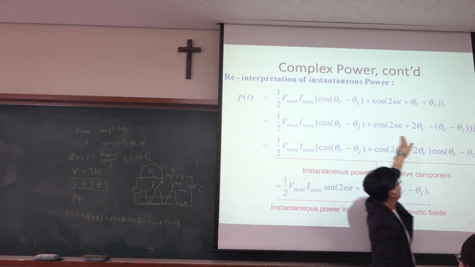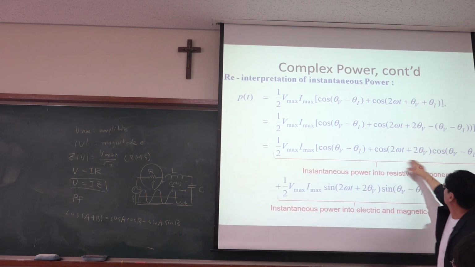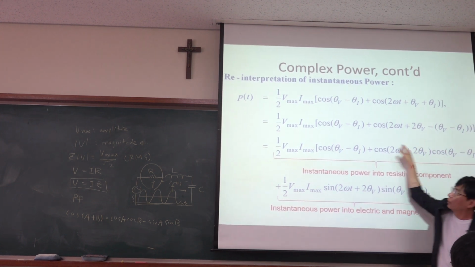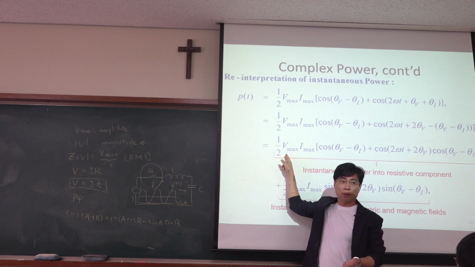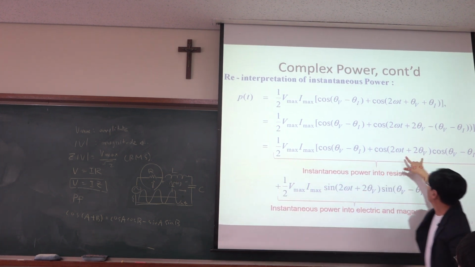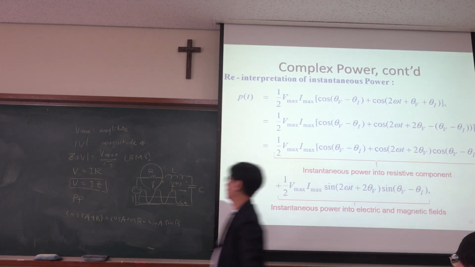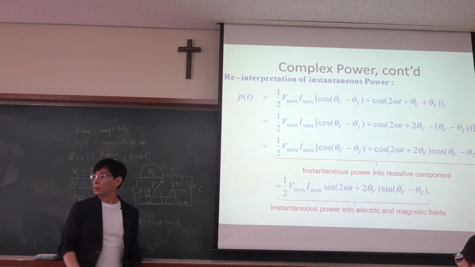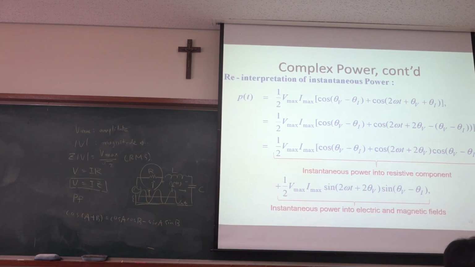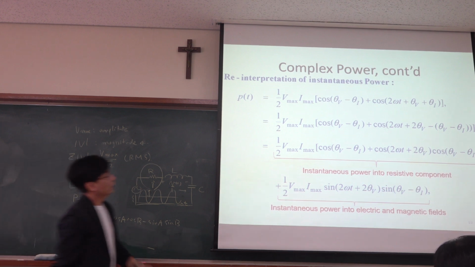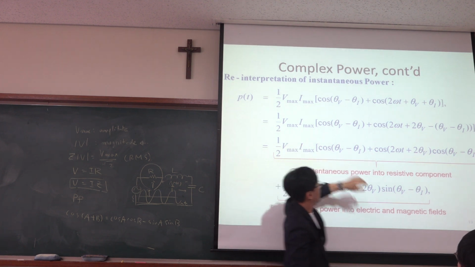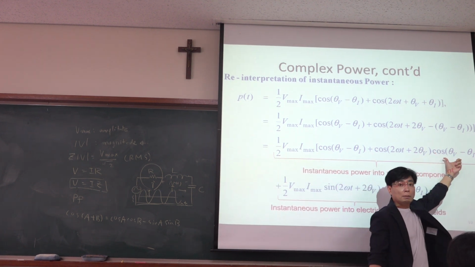And this sinusoidal part has this times that, and also this term. So the amplitude of this sinusoidal term is determined by 1/2 V max times I max times cosine, the power factor.